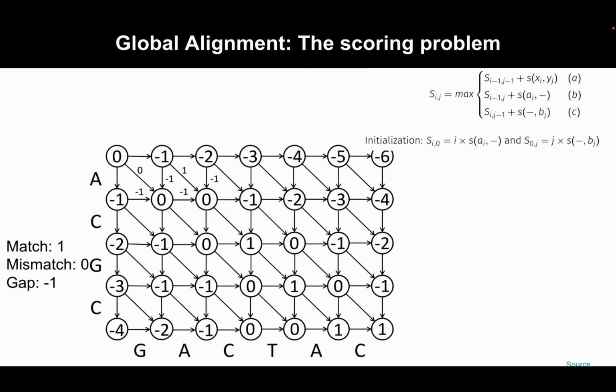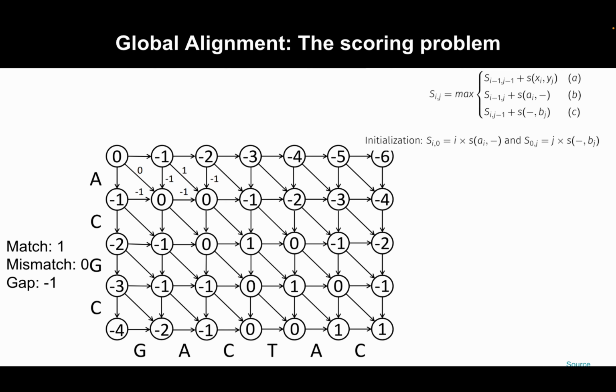So the way we initialize our nodes is by this simple approach: if we are forcing things to align to a dash, which means a deletion, deletions are not preferable, so that's why they have a negative score, and we start from -1, -2, because we are forcing all these bases to get aligned to one deleted sequence.